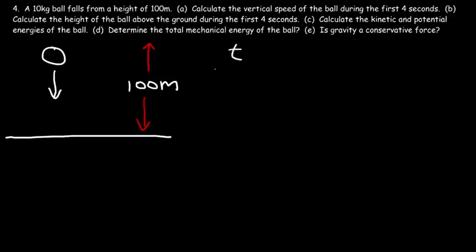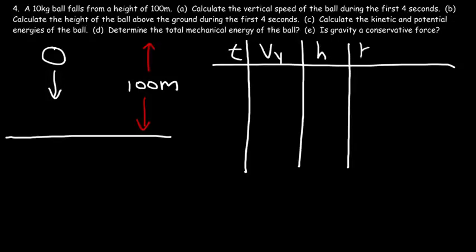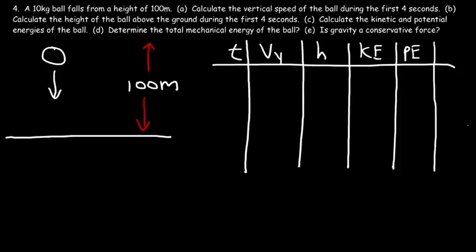So I'm going to make a table. I'm going to put time, vertical speed, Vy, after that we need to calculate the height of the ball, and then the kinetic energy, potential energy, and finally the mechanical energy.